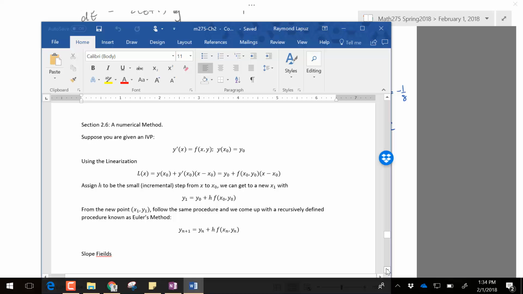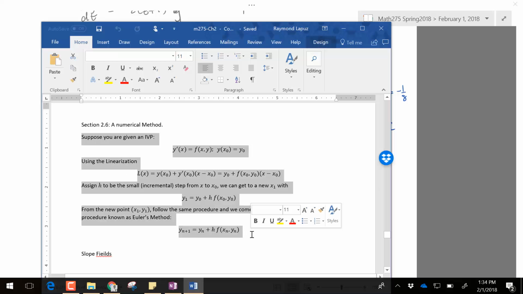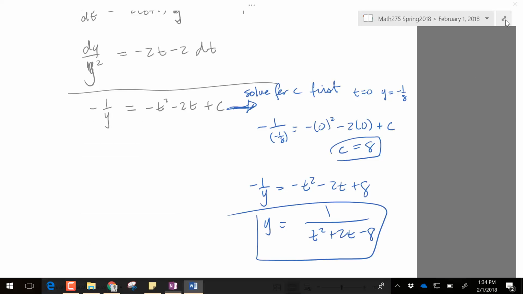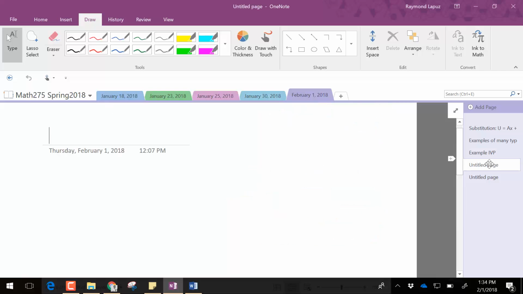And so we're going to try to figure out how to do this using some numerical methods, how to solve for some initial value problem. This is one numerical method that may not be so efficient, or good.